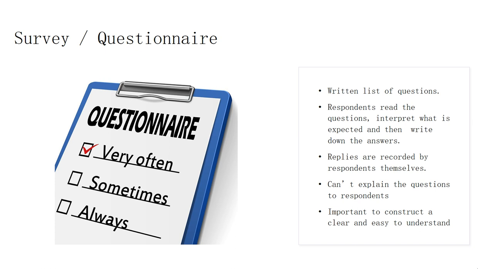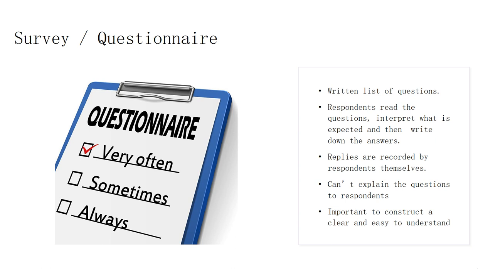Before I move forward: a questionnaire is a written list of questions. Respondents read the questions, interpret what is expected, then write down their answers. Most of the time, you send questionnaires out in large numbers, in a group, because you expect a large number of people to respond.